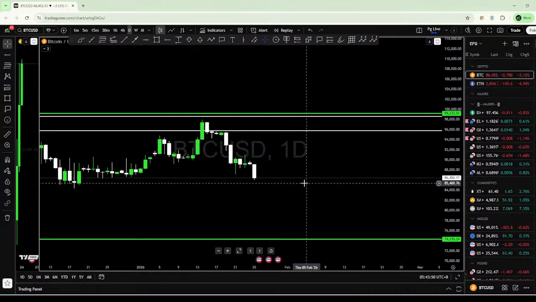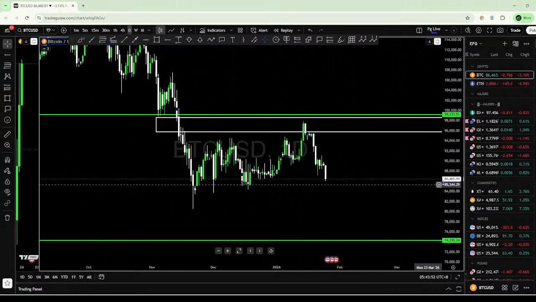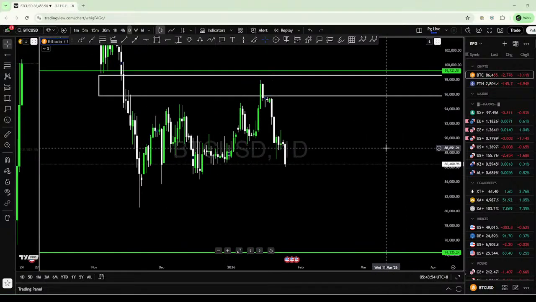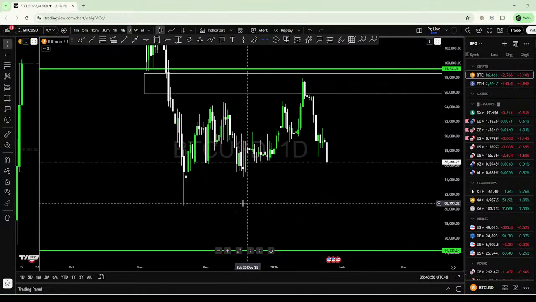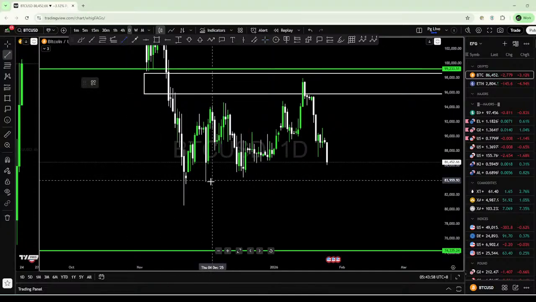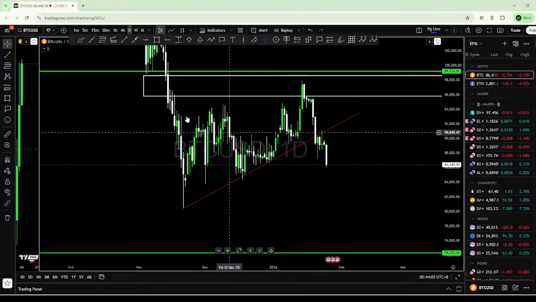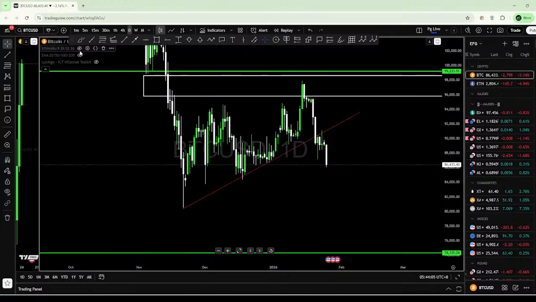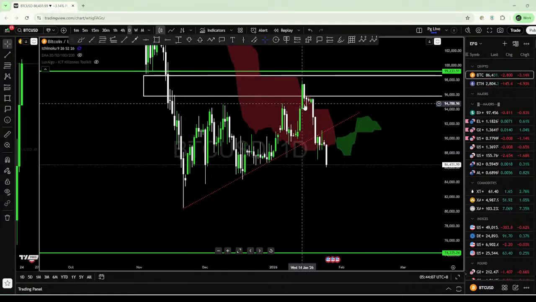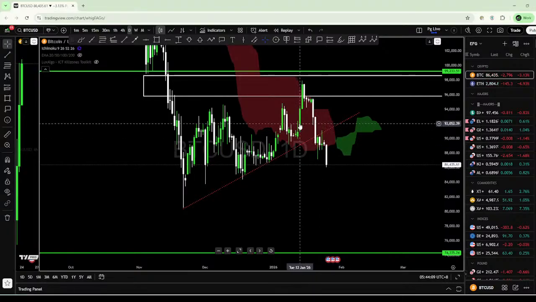We go to D1. Look at the D1 time frame. If you trade with the trend line, it broke out of a trend line as well. Break out of the trend line, close below.